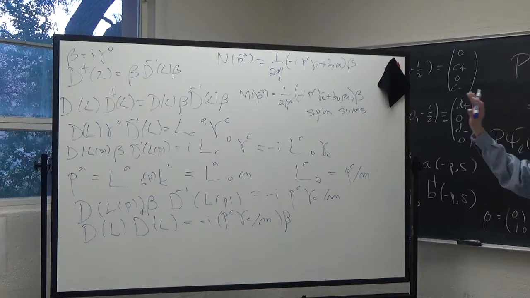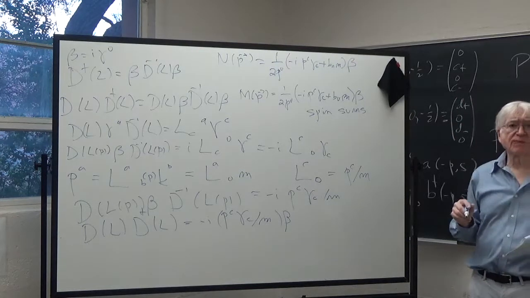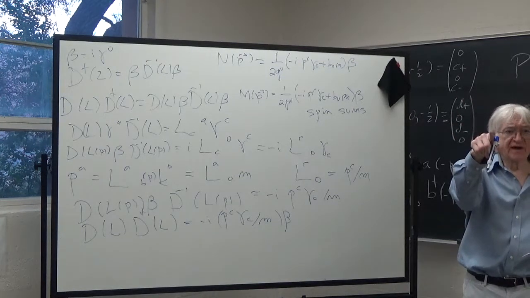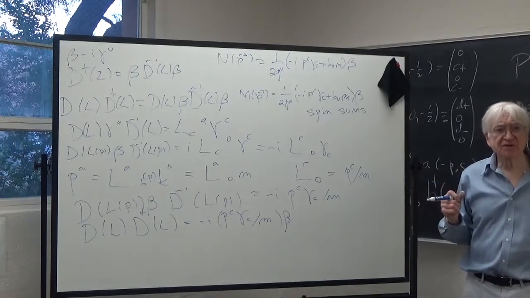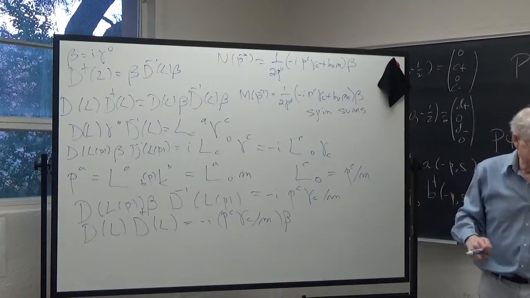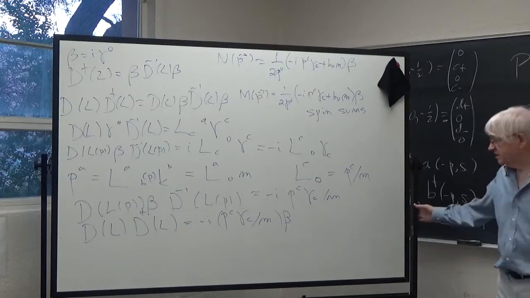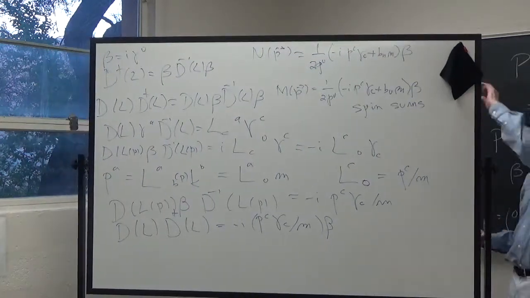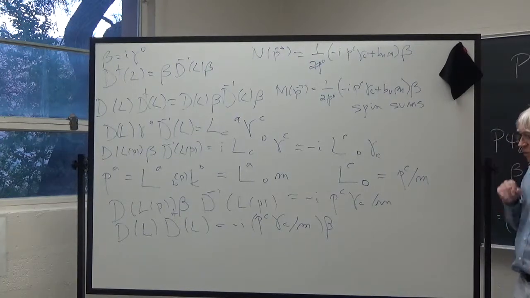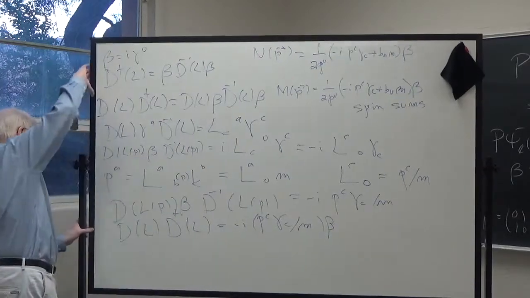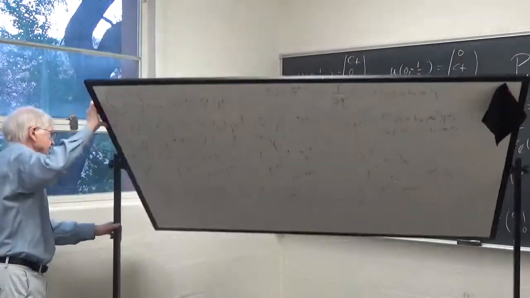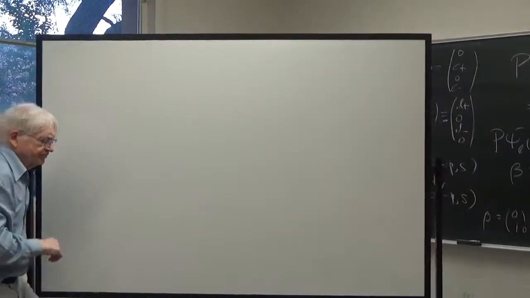So we're going to put these spin sums into the expression which is on that board there for the commutator or the anti-commutator of psi with psi dagger. And when we do that, we get something that's a lot simpler.